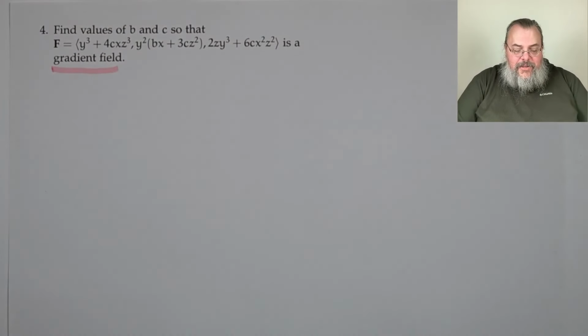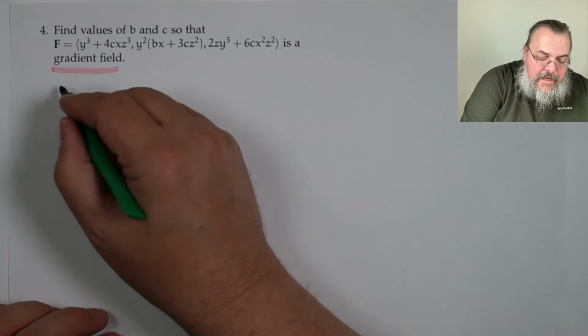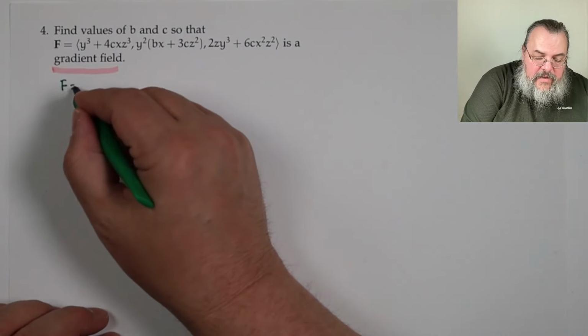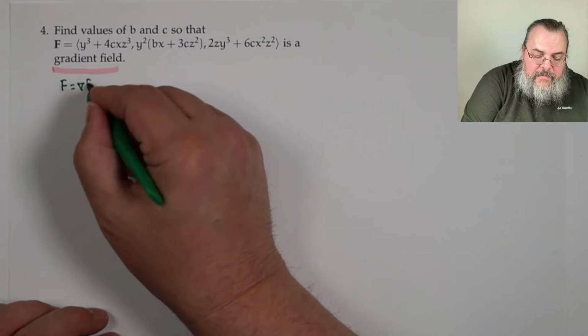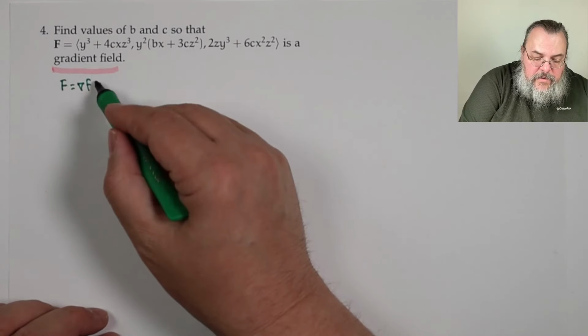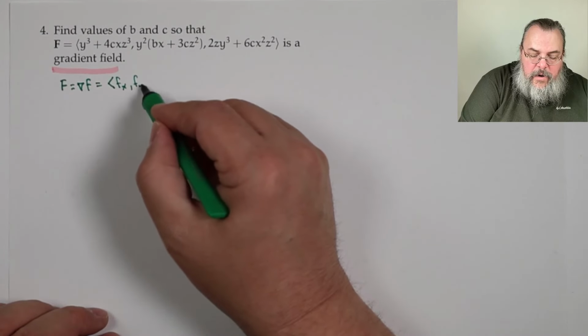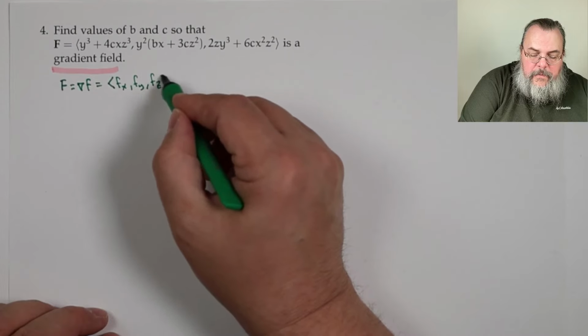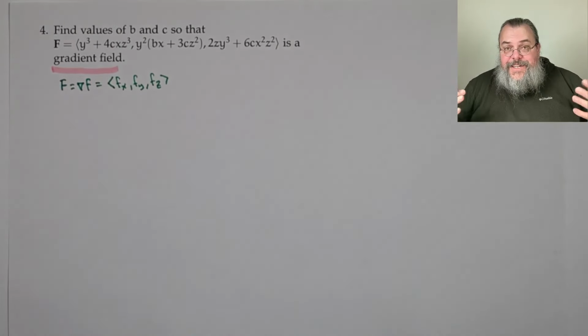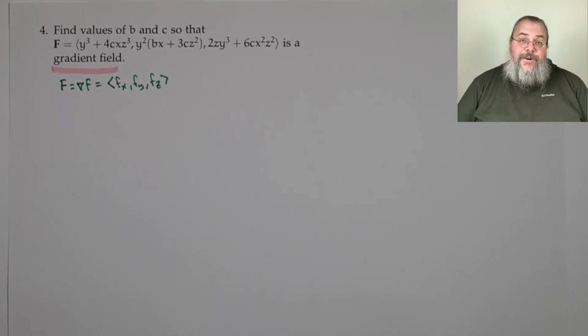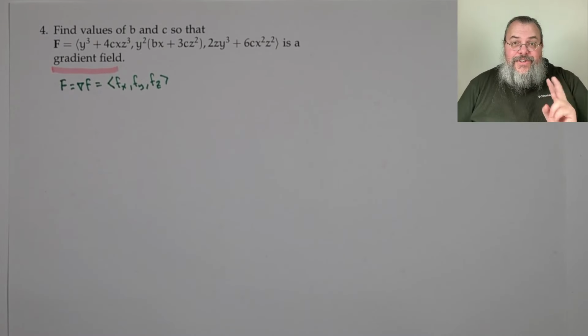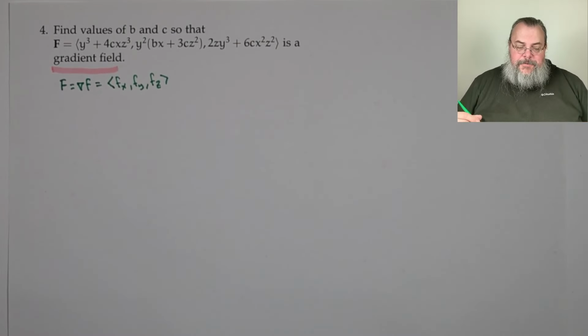Well, what that tells us is that capital F is equal to gradient of f. So, in other words, this is equal to <fx, fy, fz> for some function f. Now, this suggests 2 strategies that can work.